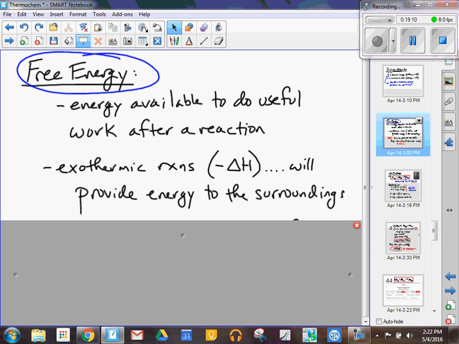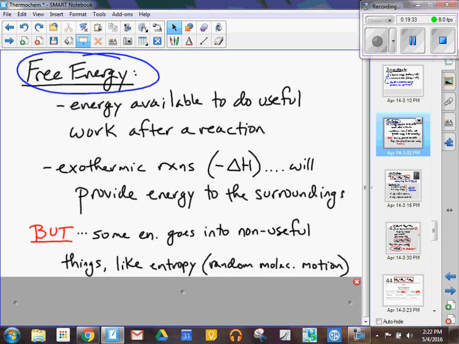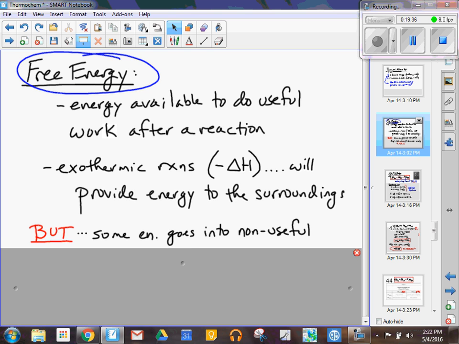Let's take burning coal as a way to generate electricity from which you can do some work. Burning coal is certainly exothermic, and all that heat energy can boil water to make steam and turn turbines to generate electricity. So that exothermic reaction provides energy to the surroundings to do a little work.